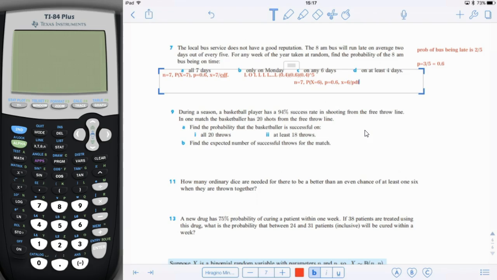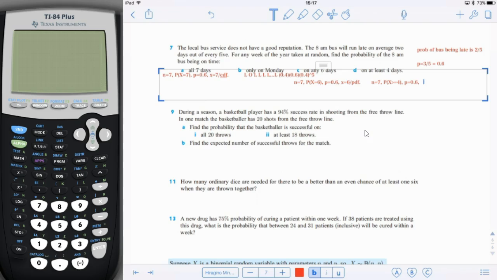And last of all, for D, on time at least 4 days. So that would be n equals 7. Probability that x is greater than or equal to 4, because we want at least 4 days. So the probability is going to be 0.6. Now, what x do we use for this? In this case, we actually are going to calculate.